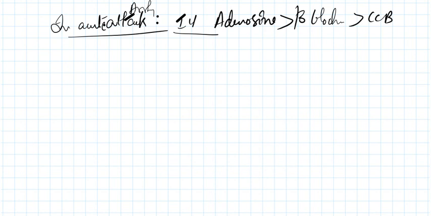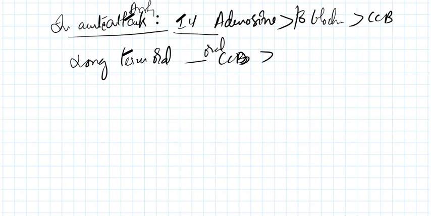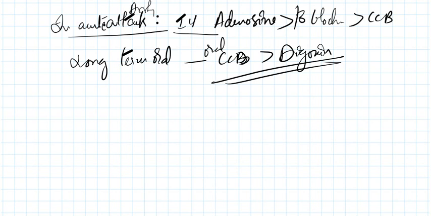So if you want to give long term oral therapy to the patient, then always you give oral CCB greater than digoxin. Okay, this is the protocol. Now I think up to here it's okay.